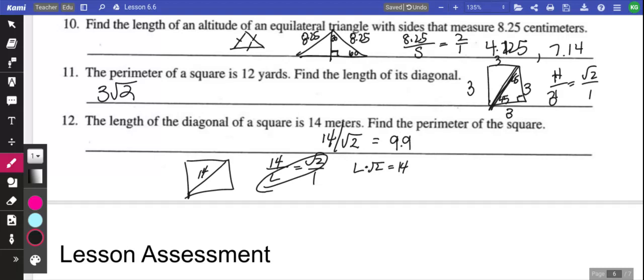That's one side, and it wants the perimeter of the square. And you find the perimeter by adding up all 4 sides, which gives me a perimeter of 35.6.